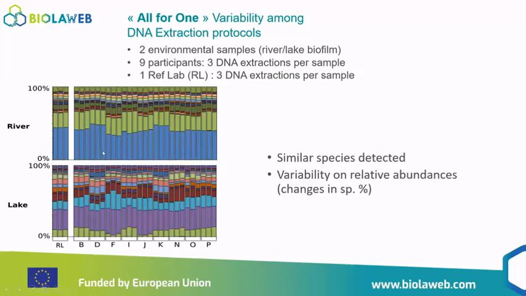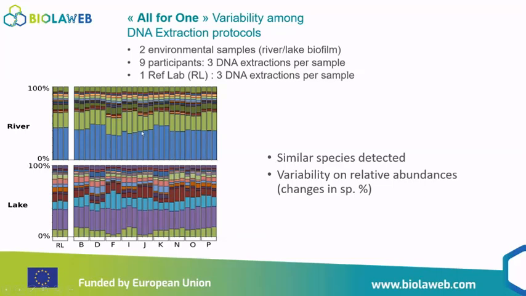If you look at the river sample on the top, you could see that the composition is not very different from one lab to the other. Here you can see that it goes by 3 because we did three DNA extractions per participant.